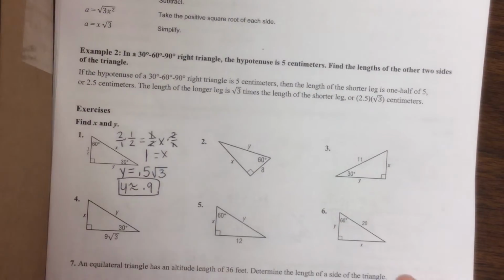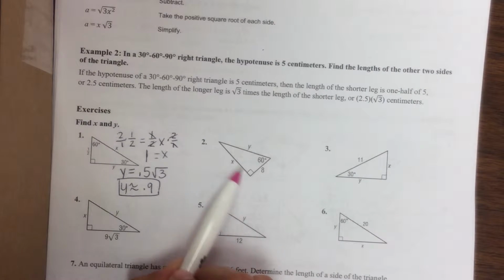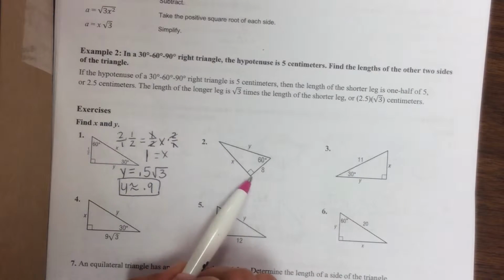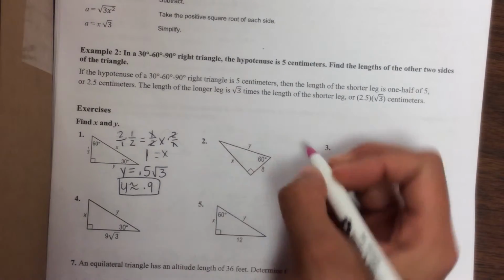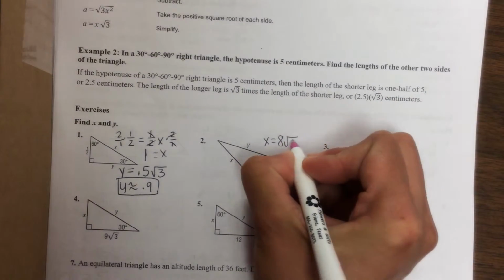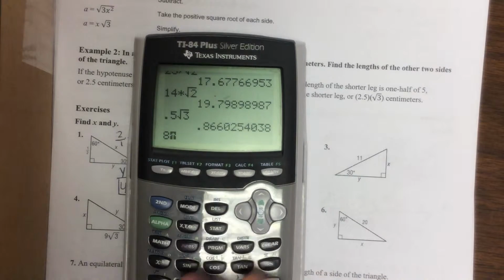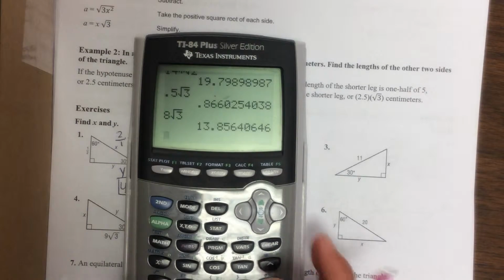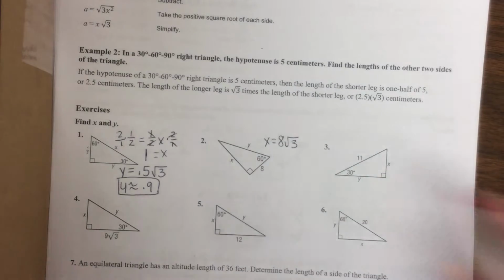Okay, number 2. Again, we know what the shorter leg is. We're looking for x now, and x is the other leg, so we know that x is going to be equal to 8 square roots of 3. We'll type that into our calculator. That gives you approximately 13.9.